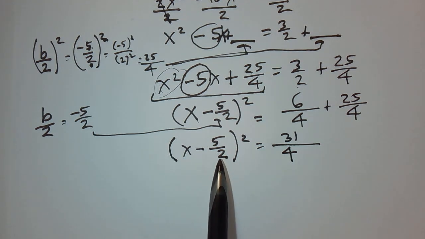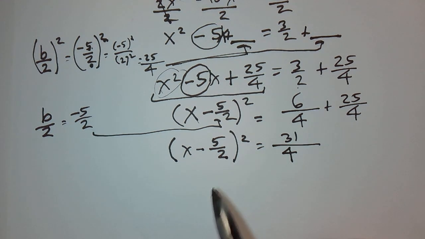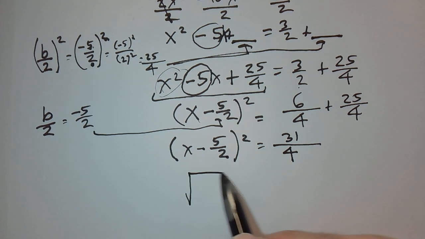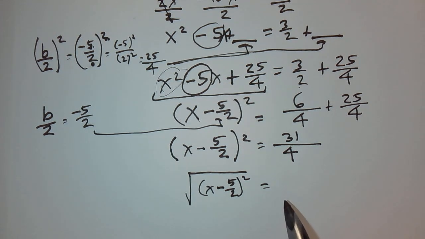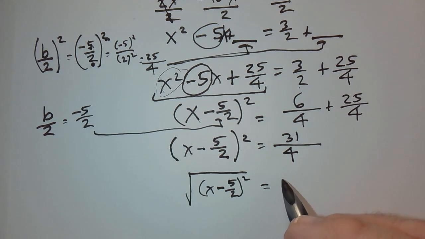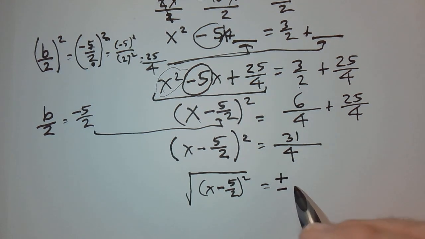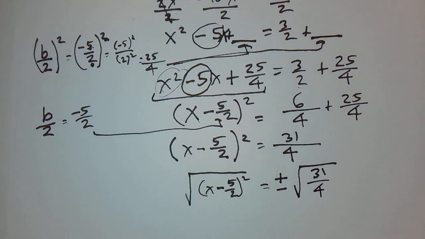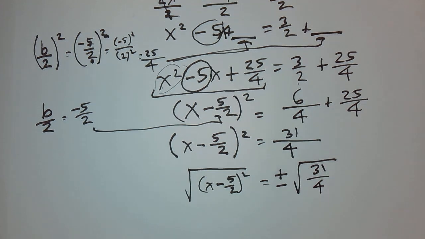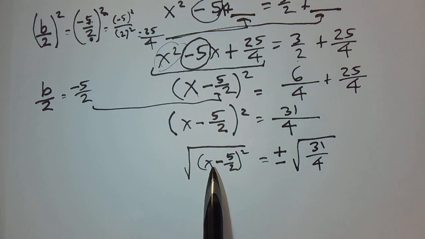Because we have a squared term over here, we're going to use the square root property, and we're going to take the square root of our x minus 5/2 squared. And when we do that to the left side, we're going to do it to the right side, but don't forget, we have to take the plus and the minus of the square root of 31/4. Don't forget that part there, plus and minus, and that's where we're going to generate our two solutions.